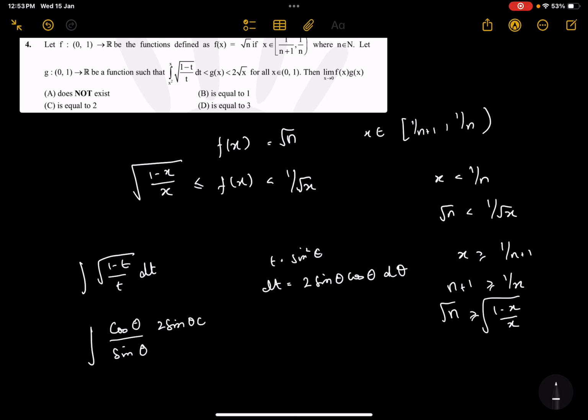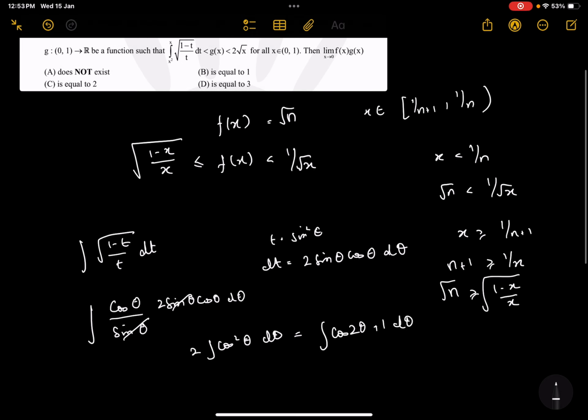So sine theta gets cancelled. We are left with 2 integration cos square theta d theta, which becomes sine 2 theta by 2 plus theta.